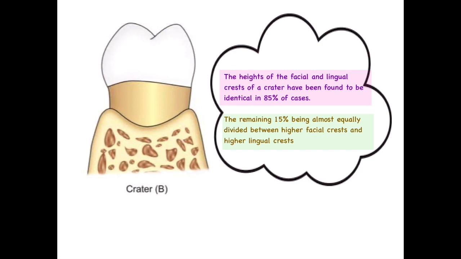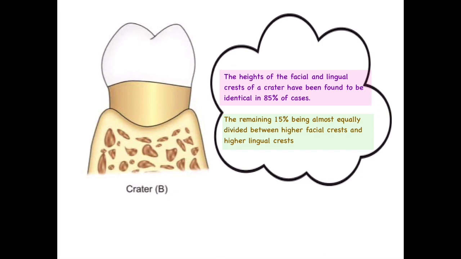In the remaining 15% of the cases, it is equally divided between higher facial heights and higher lingual heights. That is, in some cases the facial crest might have a higher height compared to the lingual crest, and vice versa.